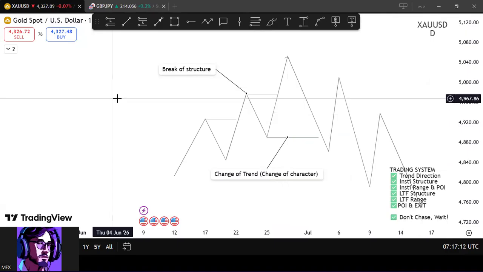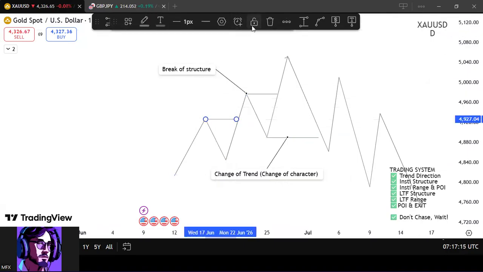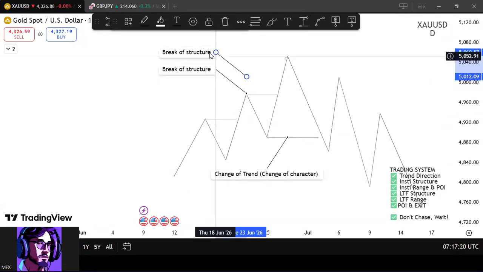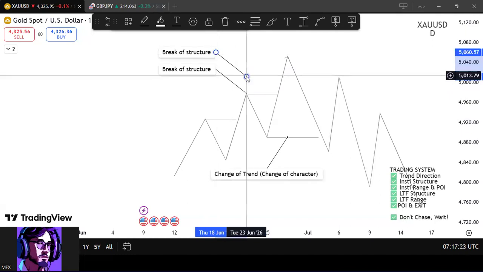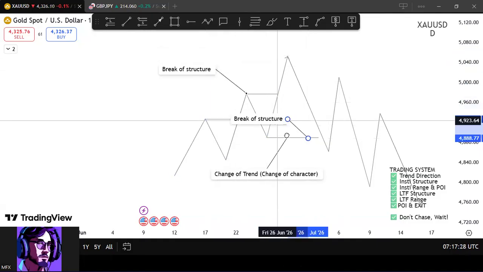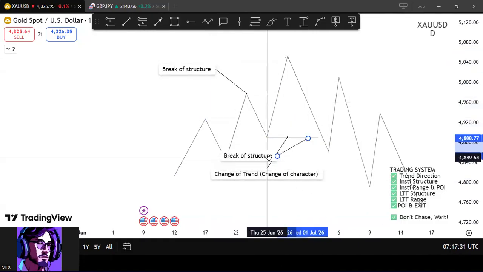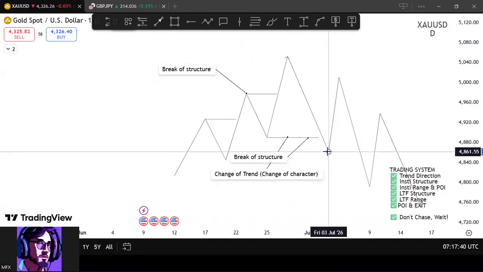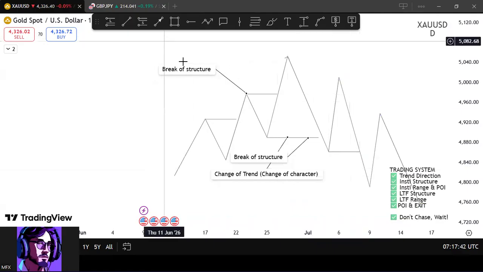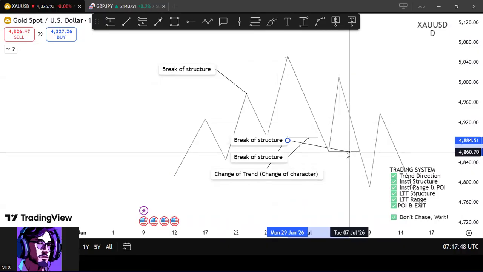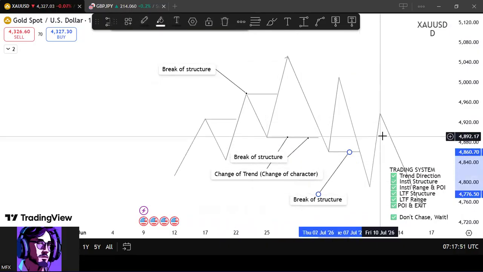This is break of structure. And this is also a break of structure too. At the same time, it's a change of trend. So let me label that.